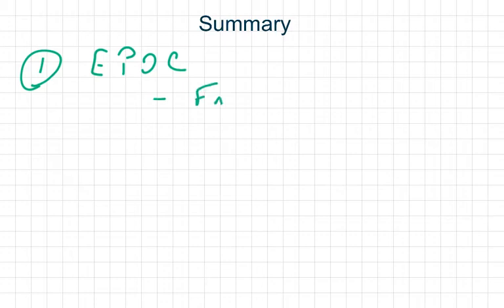So in this video, we covered a couple of different areas. The first is we discussed what EPOC, or excess post-exercise oxygen consumption, is, and also its two subcomponents, the fast and the slow components, and the factors that govern those and what they accomplish.